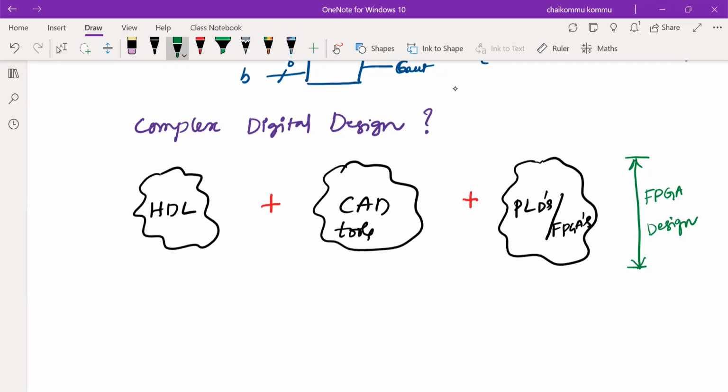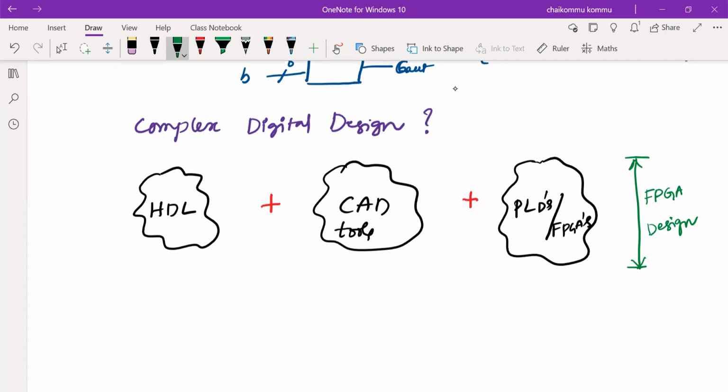So whenever we have a complex digital circuit, complex digital designs, if you want to go for it, then that digital design is called FPGA design. I will show you what an FPGA is, its diagram, later on.